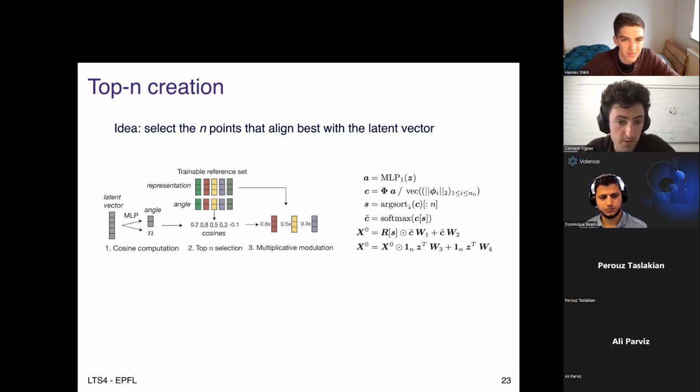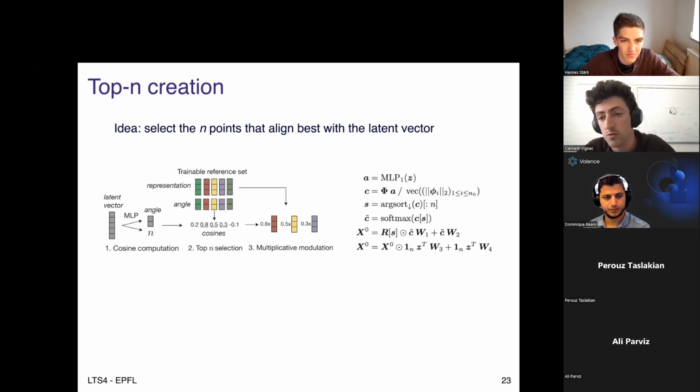So you need to solve this issue, and the way we propose to do it is by using modulation. This method was already proposed in the context of graph coarsening. It was a slightly different context, and the mathematics is not exactly the same, but very similar. The idea is that we use the value of the cosines to modulate the representation of the points.